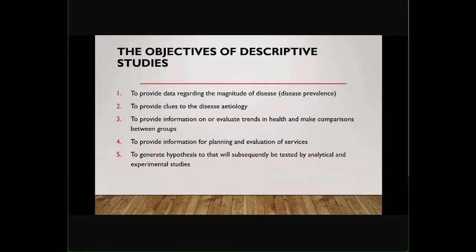So whenever you are looking at trend, you want to see if TB, for instance, has been increasing in our society, or it's been declining, or it's been stable. So these are research studies that can be done for purposes of carrying out intervention, or evaluating or assessing an intervention program.